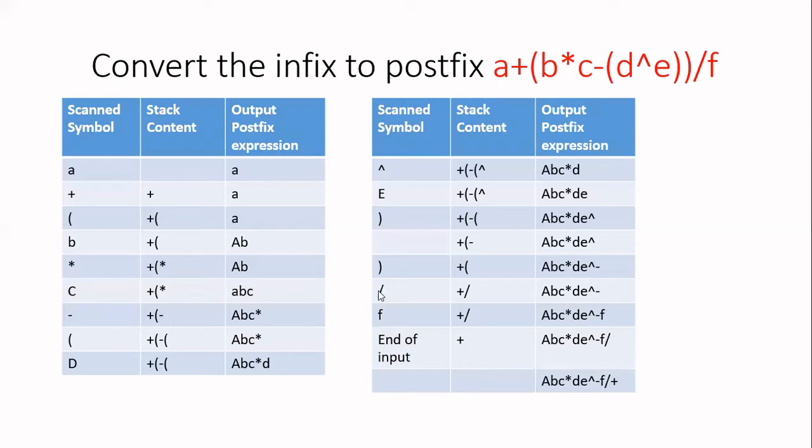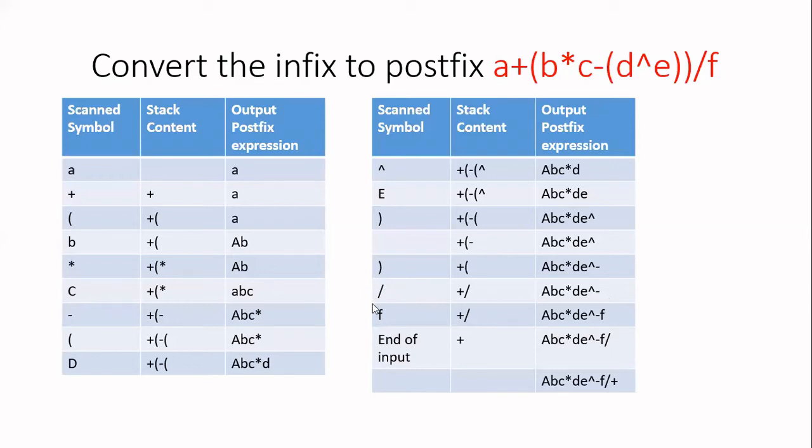Next, I am getting the character divide. When you get divide, it is an operator. You have to now compare the priority. Remember, whenever you get an operator other than a parenthesis, you have to compare the priority. Compare the priority of this divide with the priority of the operator on the top of the stack.